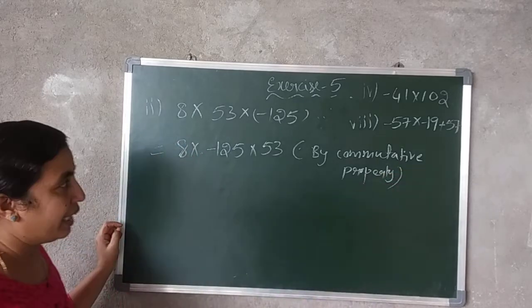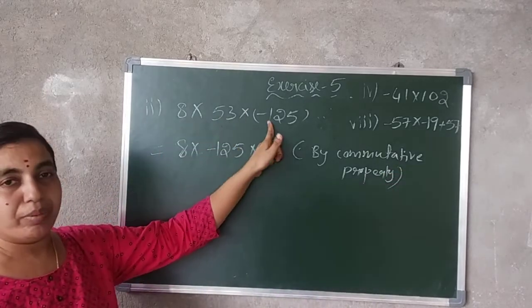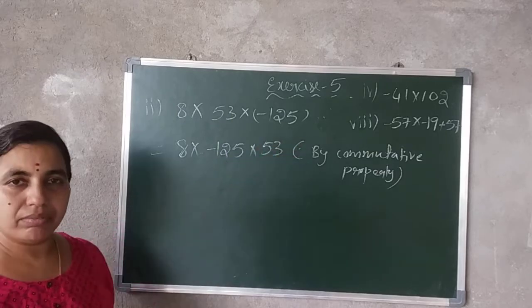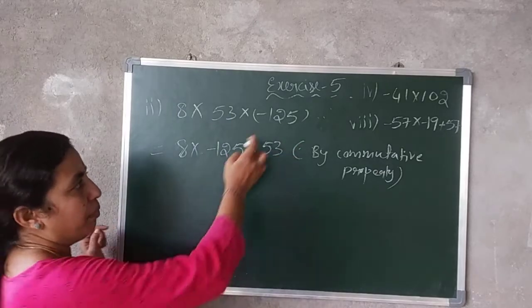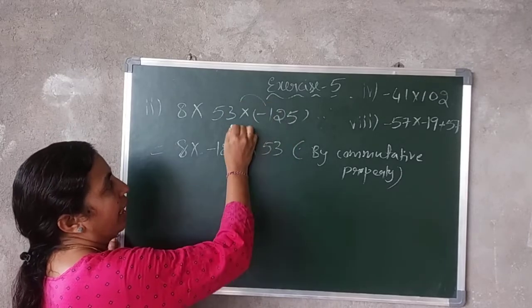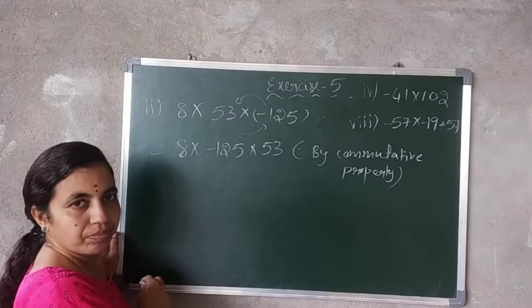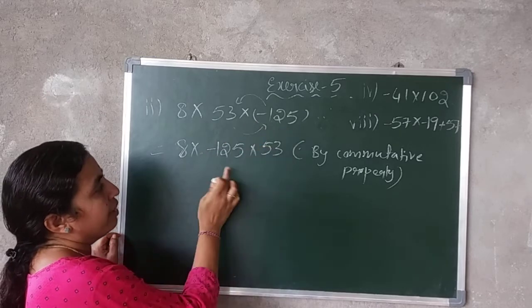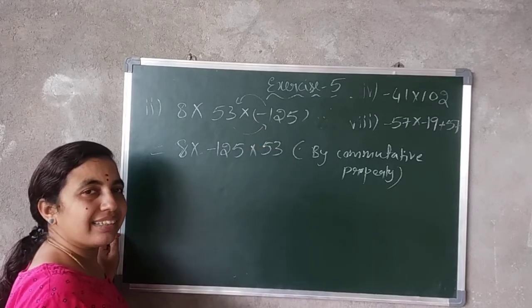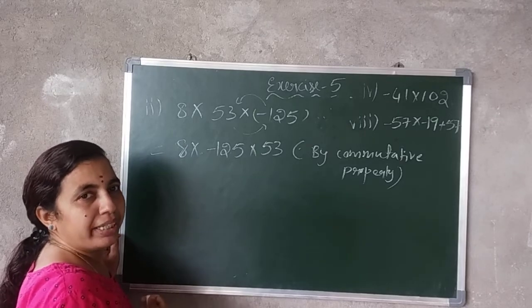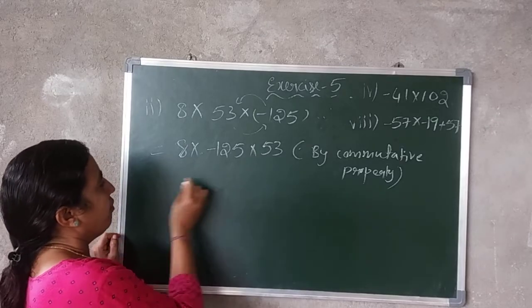By the commutative property, A into B can also be written as B into A. What I did, I just changed the positions. Minus 125 came here and this came here. That's it. A into B, I have written B into A. Nothing will happen, because integers are commutative under multiplication.